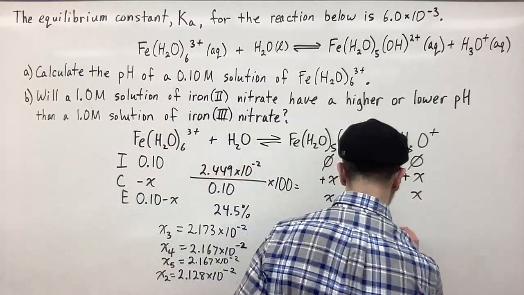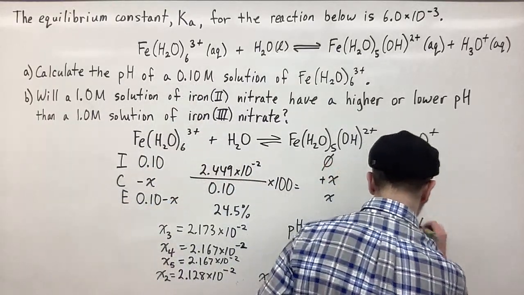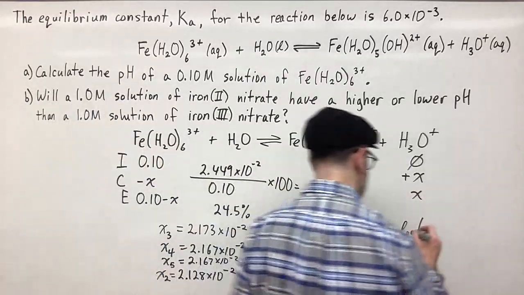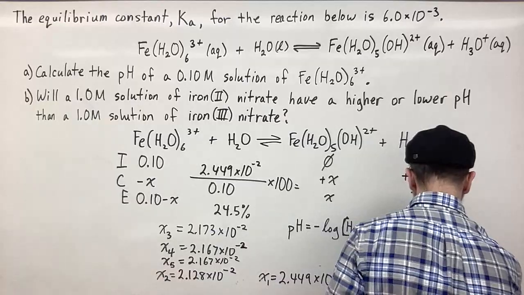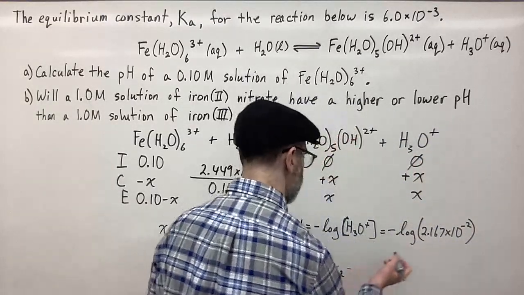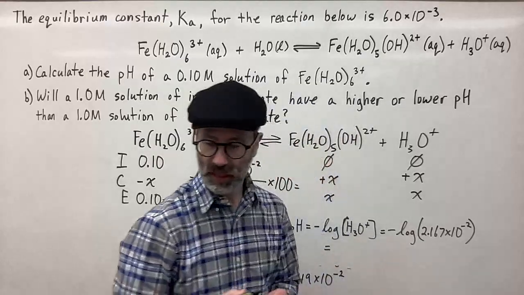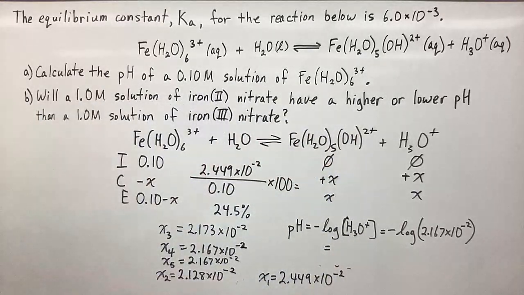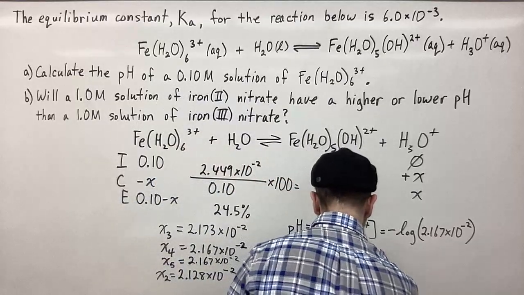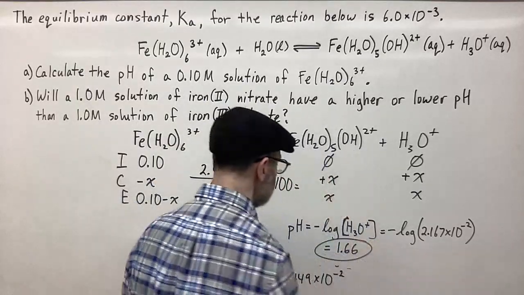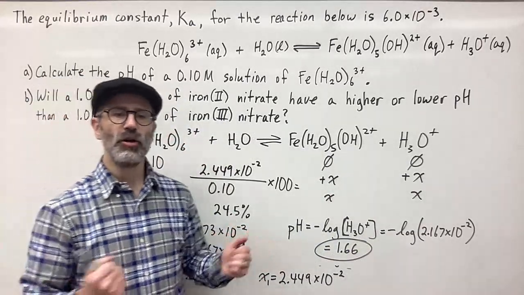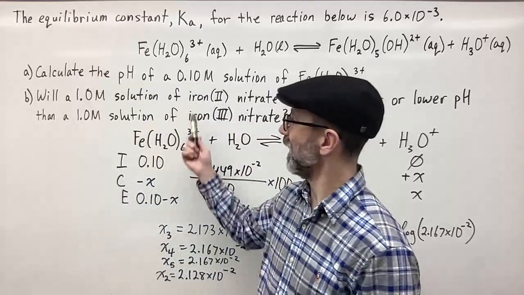So this is going to be equal to the negative log of my x5, 2.167 times 10 to the negative 2. And so I calculate that, and I get a pH of 1.66. Okay, so that's the answer to A.